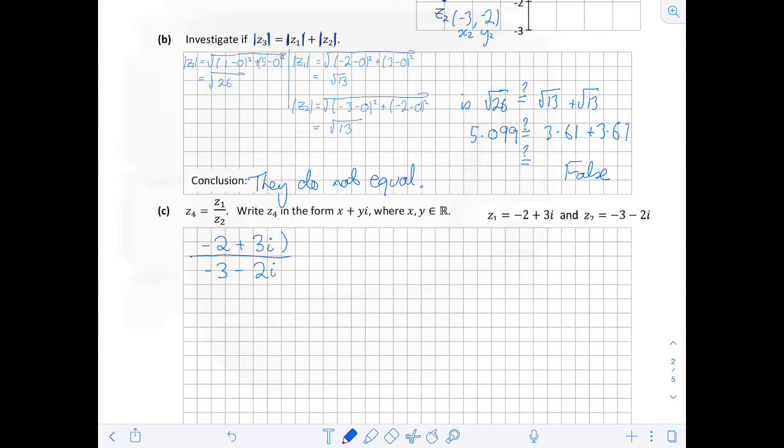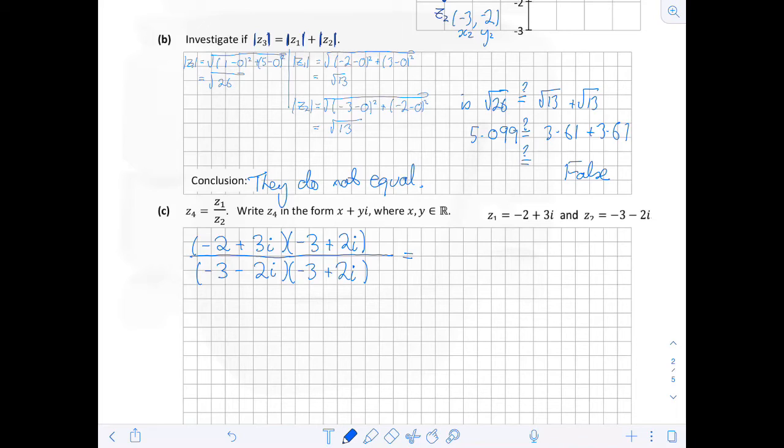Again, this is dividing, so I need to use my system. My system suggests that I need to get rid of the imaginary part on the bottom. How do I get rid of the imaginary part on the bottom? I multiply by the conjugate, so it's going to be -3 plus 2i. And because I multiplied the bottom by -3 plus 2i, I also have to multiply the top by -3 plus 2i.